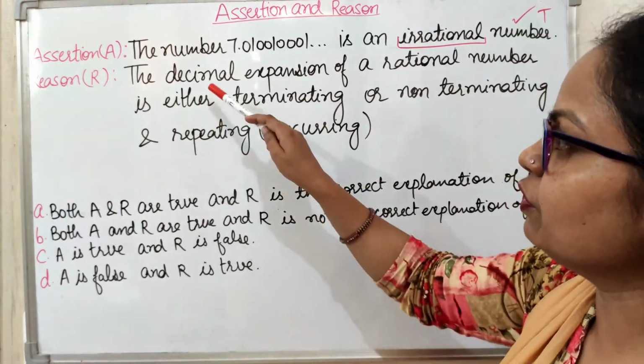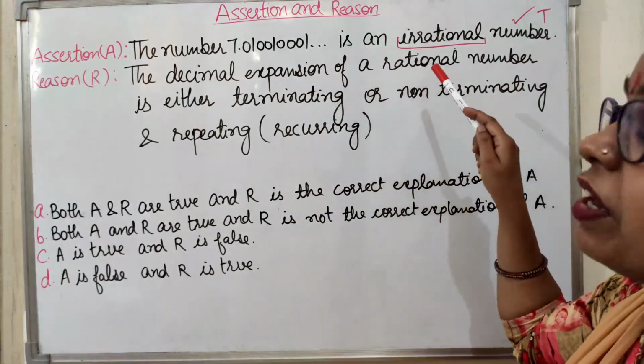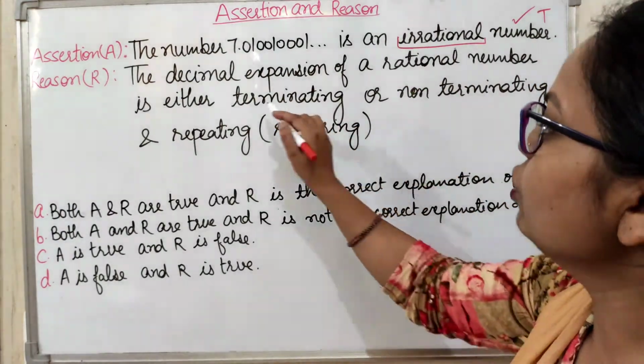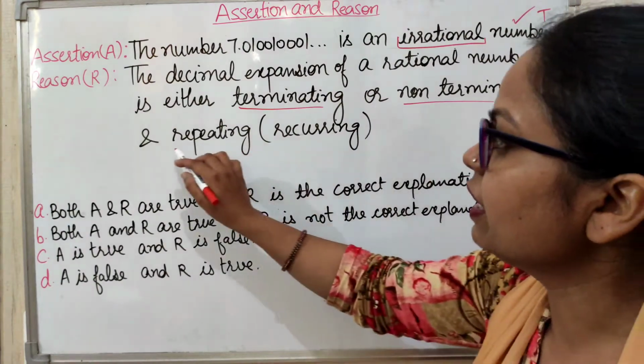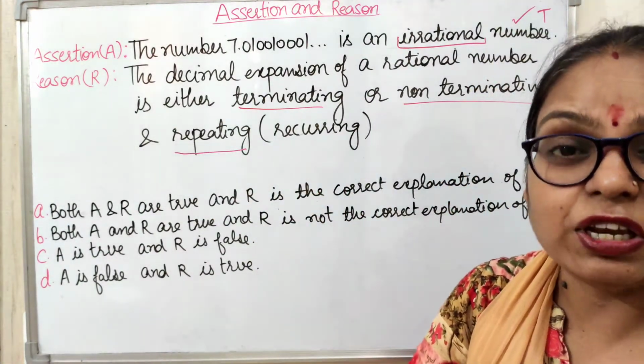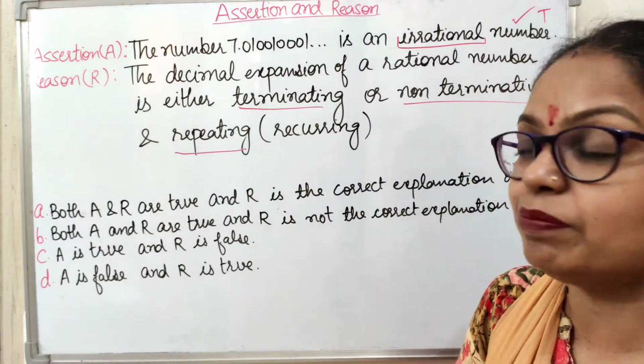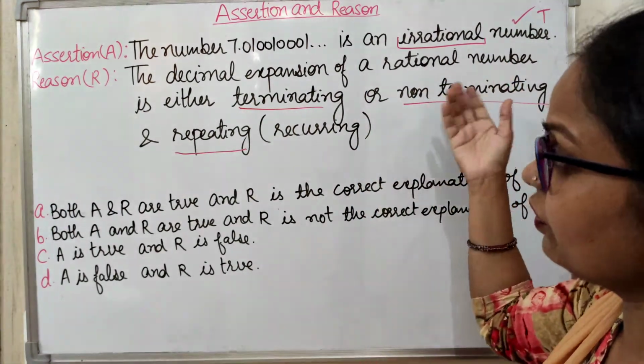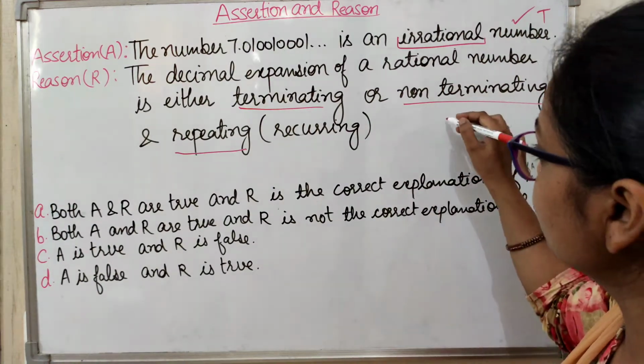Now let us check the reason. What is given to you? The decimal expansion of a rational number is either terminating or non-terminating and repeating. Very right statement. This is about rational numbers, so this statement is also true.